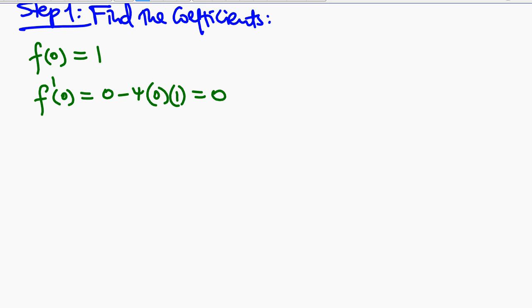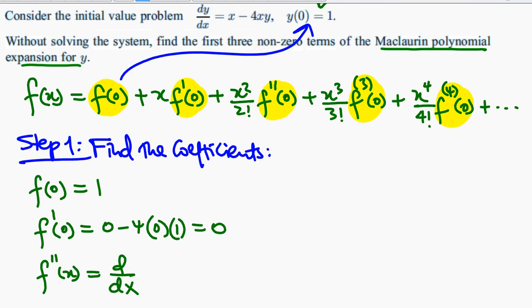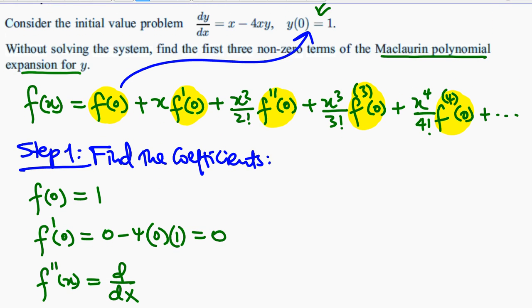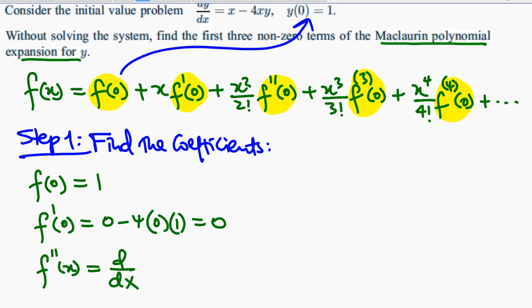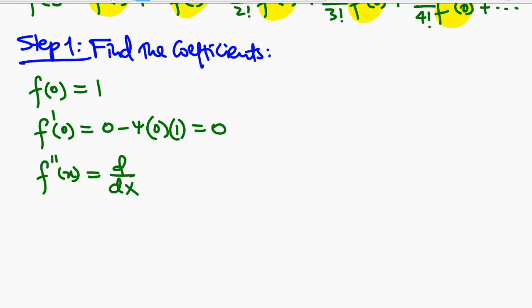Then we need to find the second derivative, which means we differentiate the first derivative, which is here. This is the first derivative, x minus 4xy, which will be equal to 1 minus, but here we may have to use the product rule.